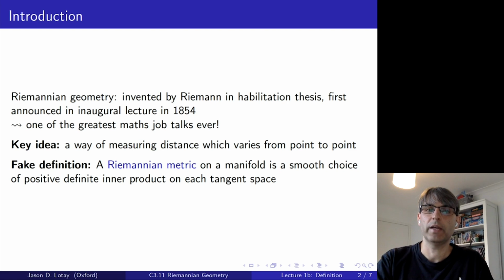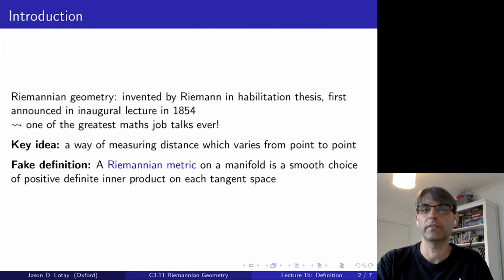And the definition that we can think of informally in the following way: a Riemannian metric on a manifold is a smooth choice of positive definite inner product on each tangent space to the manifold. So remember that if you have an n-dimensional manifold, then every tangent space is an n-dimensional vector space. And so we're just talking about a positive definite inner product on each of those vector spaces.